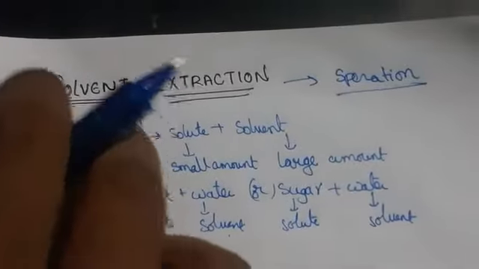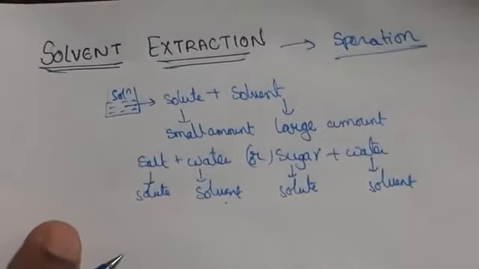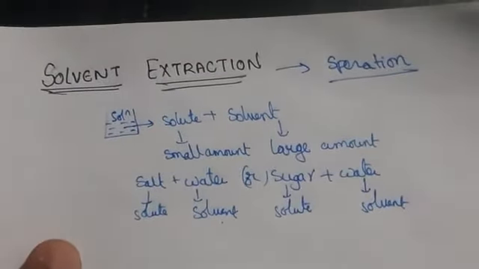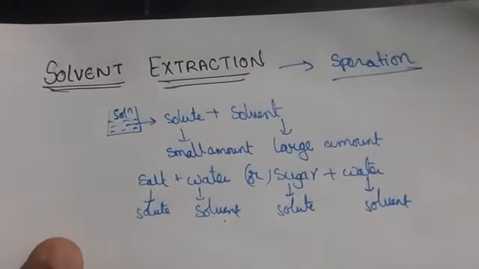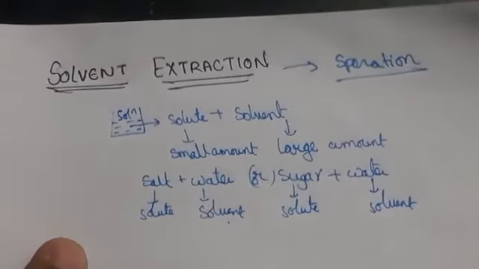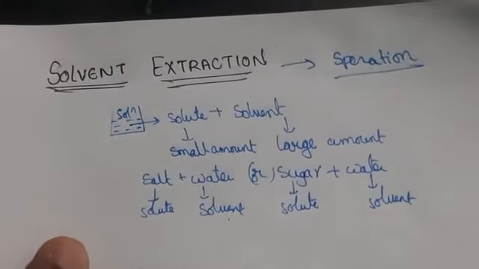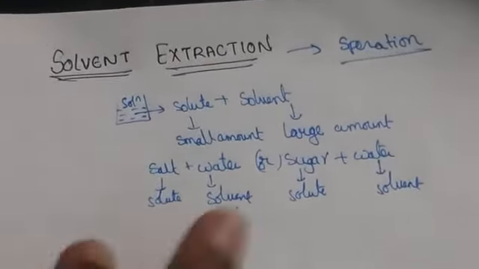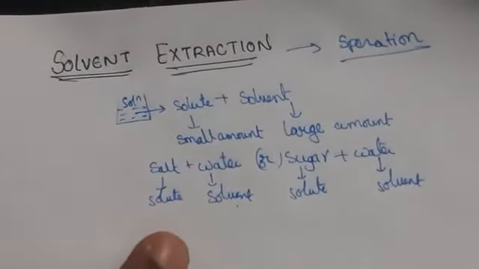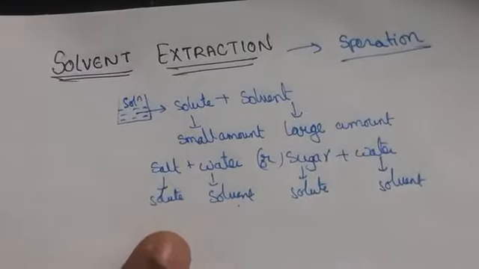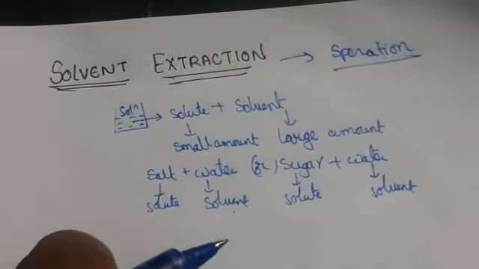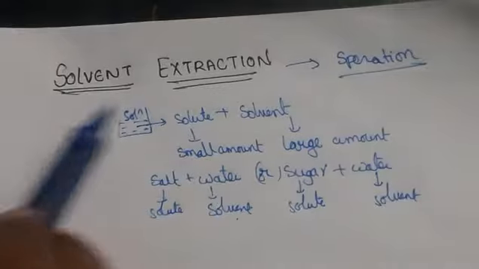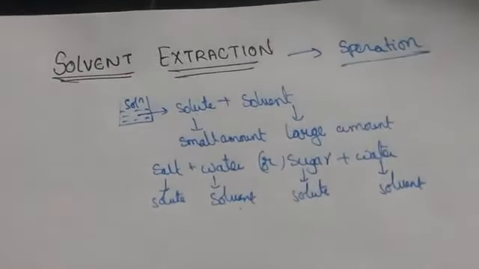The solvent molecules may be organic or inorganic or aqueous solutions. Aqueous is nothing but water solutions. Or we can take organic compounds, or inorganic compounds. That one we are going to separate. That is nothing but solvent extraction.